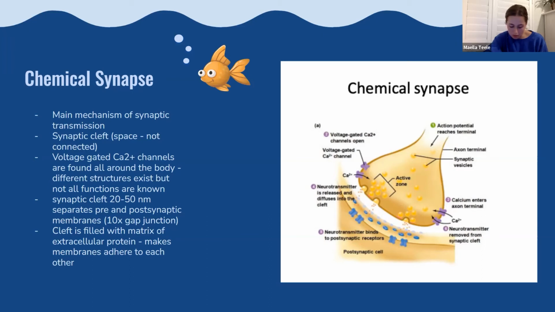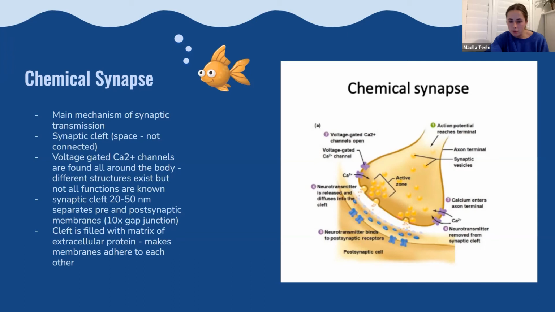Then the calcium is removed from the terminal because it's not needed anymore. It's already done all the signaling it needs, and we've got our synaptic vesicles ready to diffuse across the membrane. So if you have a look, we've got our neurotransmitters, which are diffusing across the synaptic cleft, and they're binding to their specific receptors on the other side, on the postsynaptic membrane. And this is then opening up the ion channels.